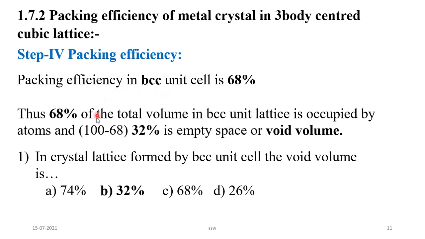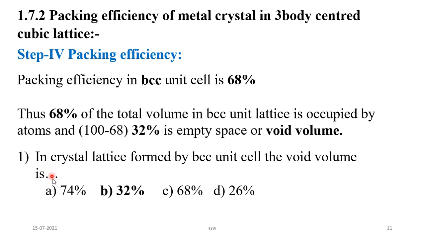Now which type of question can be asked on this point? MCQ as well as short answer question can be asked on this, like calculate the packing efficiency in body centered cubic structure. You have to calculate it in 4 steps, that is radius of sphere, then volume of sphere, then total volume of particles in BCC structure, and then from that packing efficiency.